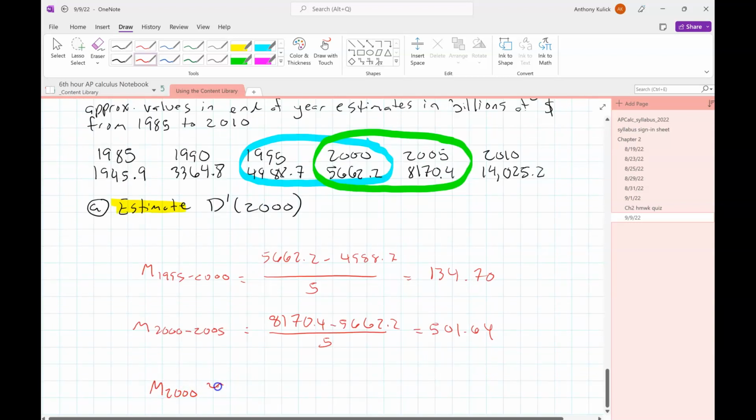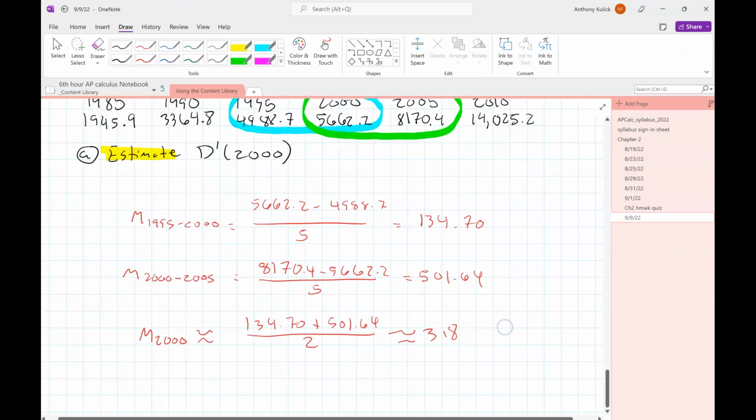So I'll say M2000 is about 134.70 plus 501.64 divided by 2, or about 318. 318, though. This is a story problem. It needs a, well, it's a rate, right? It's a rate of change. Per year? Yeah.